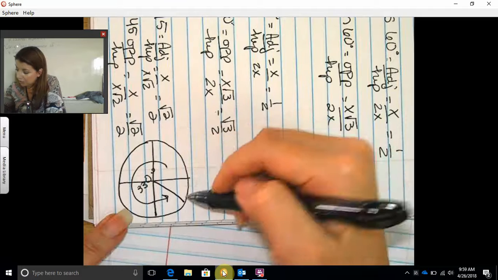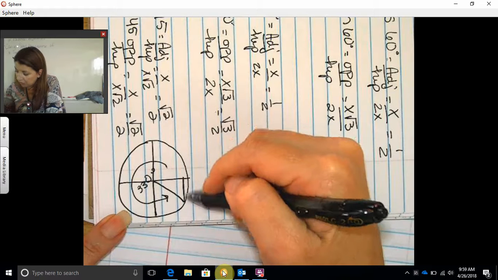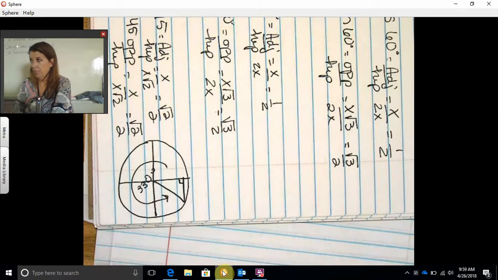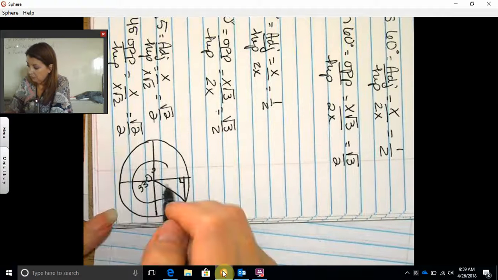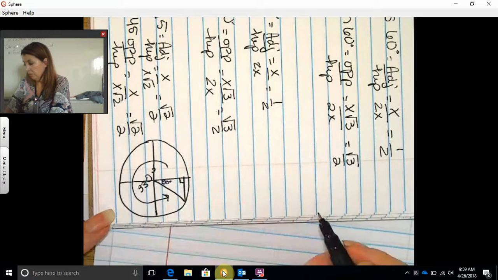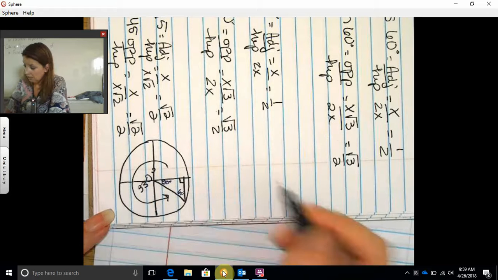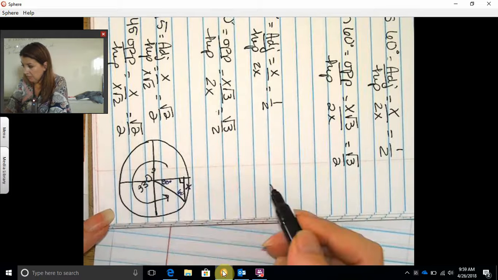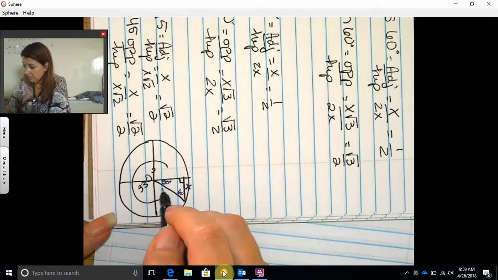So when I draw my triangle, my right triangle, what's my theta going to be? Meaning what angle am I going to use to find cosine and sine? 30 degrees. So this is 60. So my smallest leg is x. The hypotenuse is 2x.